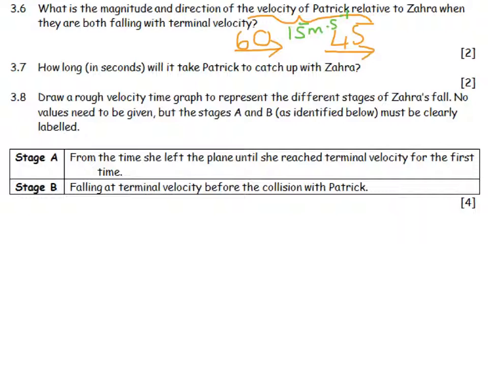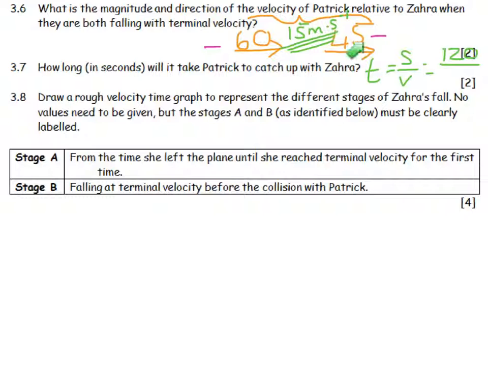How long in seconds will it take Patrick to catch up? So now we've got a time. He's got a constant approaching velocity, and they need to see how long it's going to be. Earlier, they said that it was 120 meters that he left after her. So I've got a distance. Time is equal to displacement divided by velocity. My distance is 120. Remember, that all of these are terminal velocities.